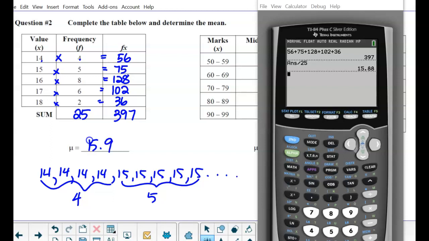It's 15.88, which rounds to 15.9, to 1 decimal place. Okay, but you can get your calculator to do those calculations for you.